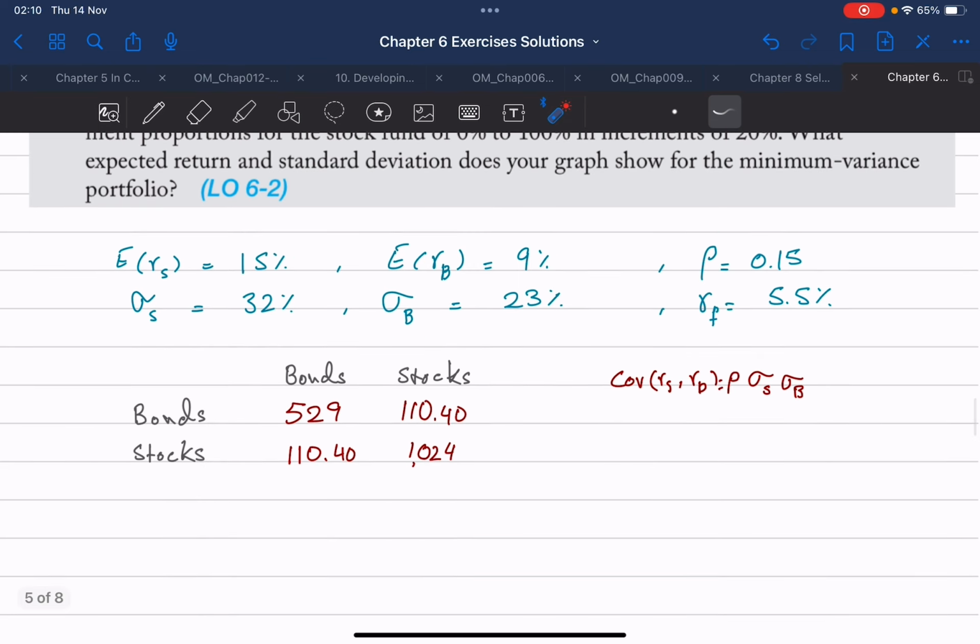Now let's go to our formula and see how the covariance matrix helps us with the calculation.